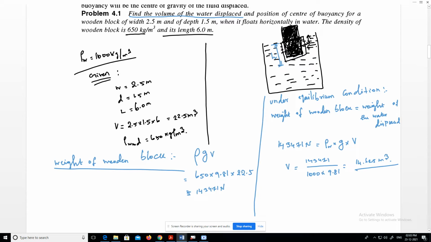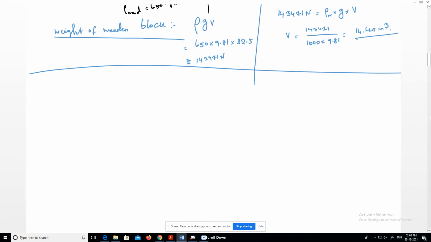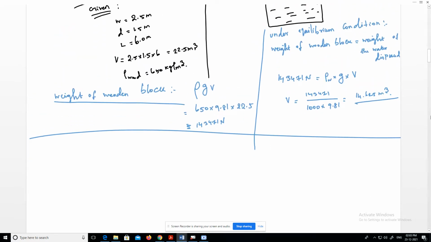How do you find out the total submerged height? The position of center of buoyancy.